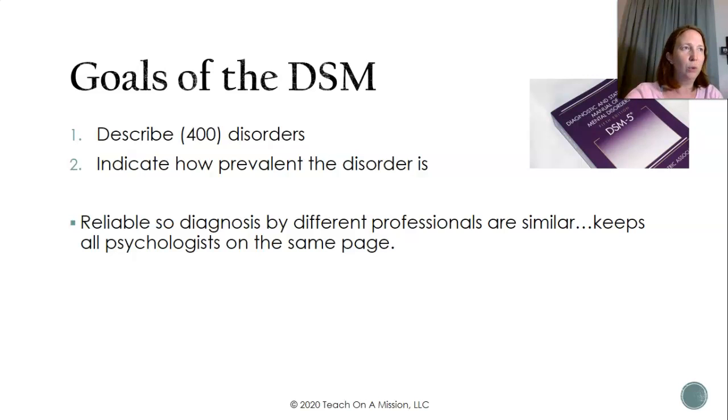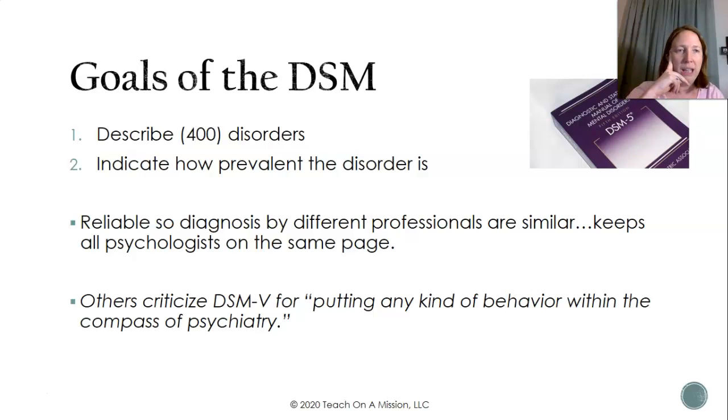However, antisocial personality disorder and generalized anxiety disorder, there's only a 20% similarity to diagnosis. I don't feel like that makes a ton of sense. But that raises the question and a criticism that some have of the DSM-5, that it's putting any kind of behavior within the compass of psychiatry.